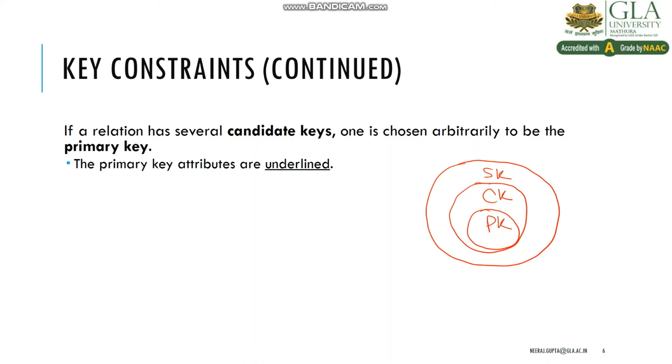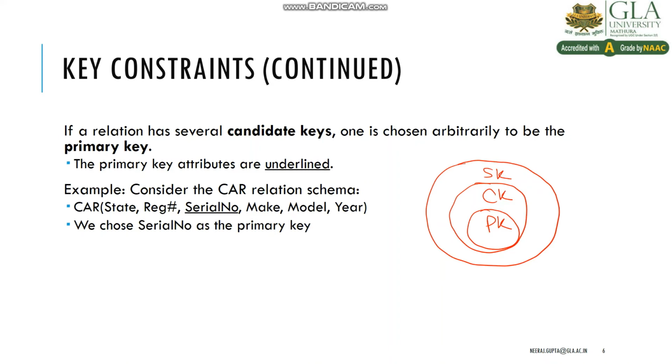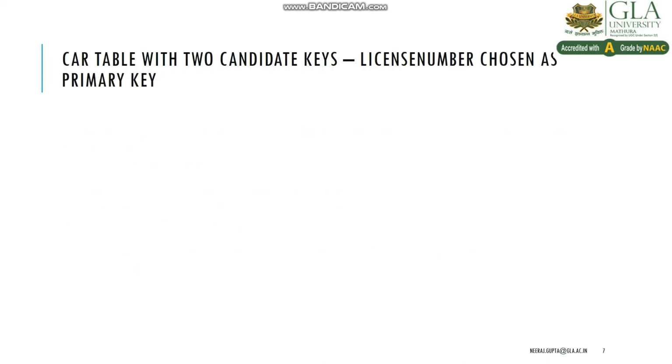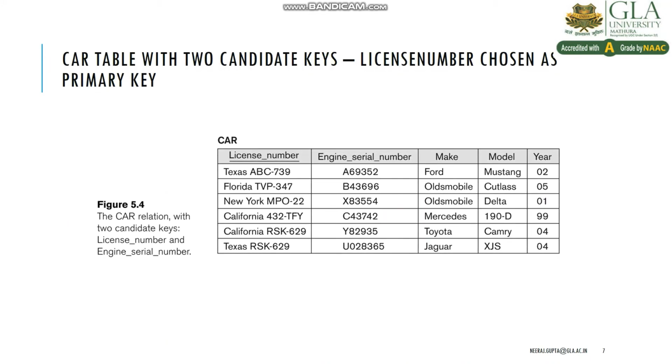The primary key is denoted by an underline, like serial number is the primary key. The primary key is chosen by the application programmer for implementation purposes. Like here, license number is the primary key.